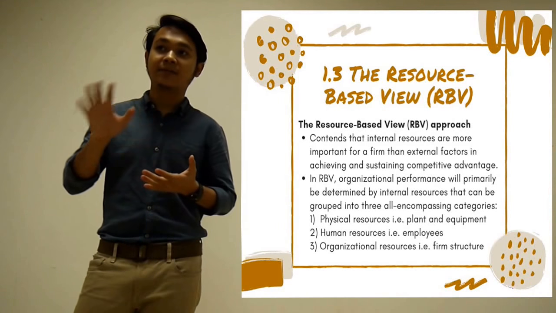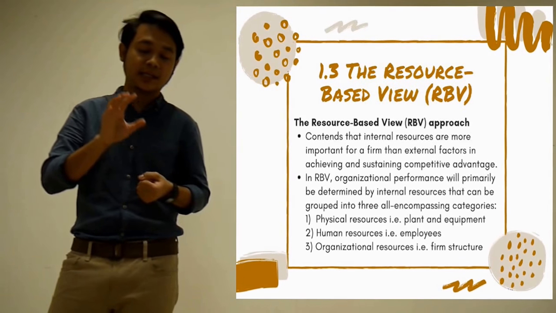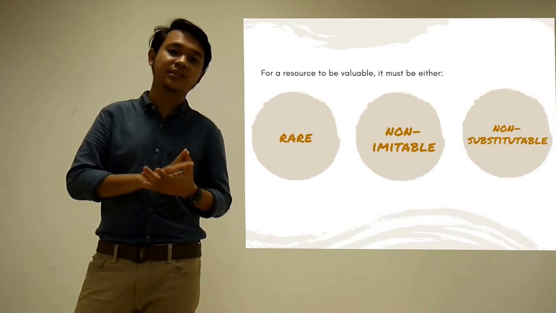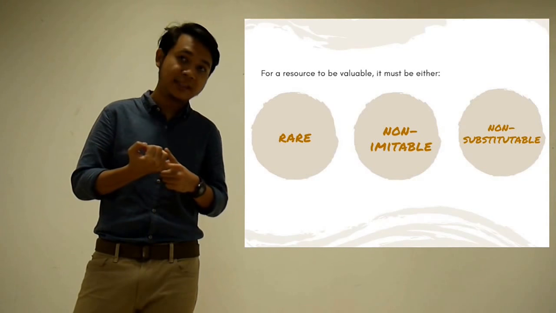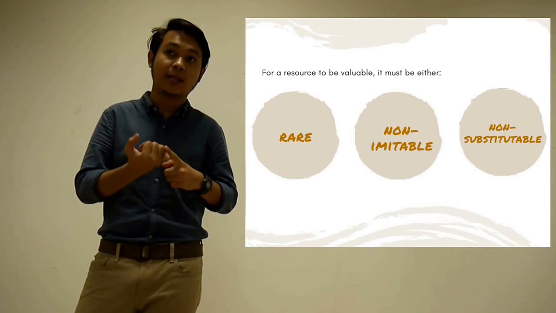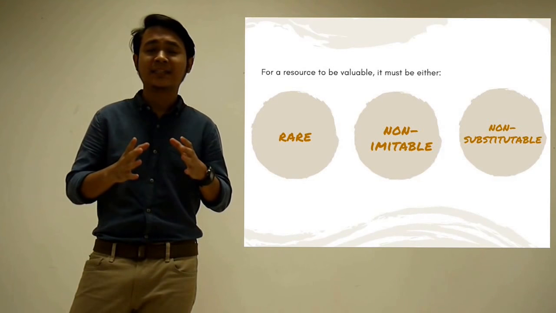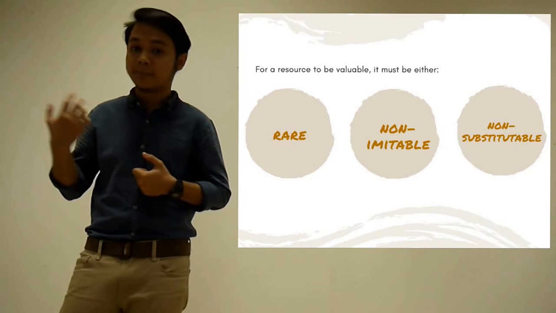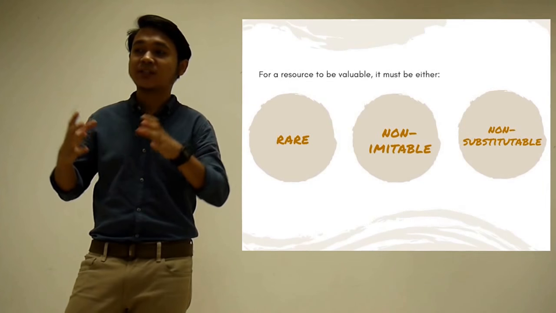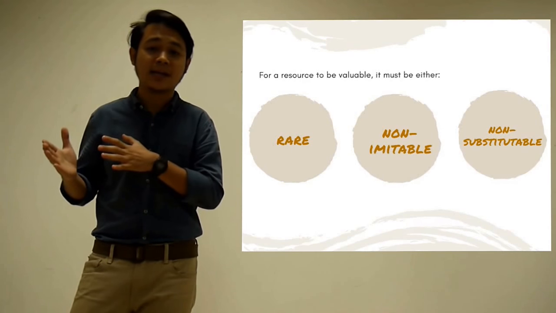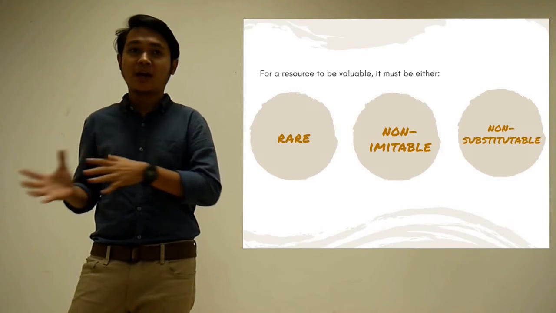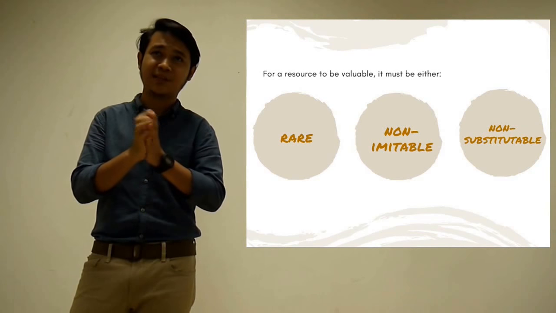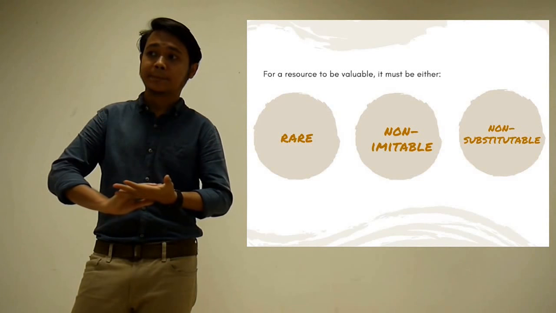Okay, so there are characteristics in the resource-based view. There are three characteristics, which are rare, hard to imitate, and not easily substitutable. Rare means having rare resources that other companies do not possess, resources that other companies may not have in their company. For example, it's like Google.